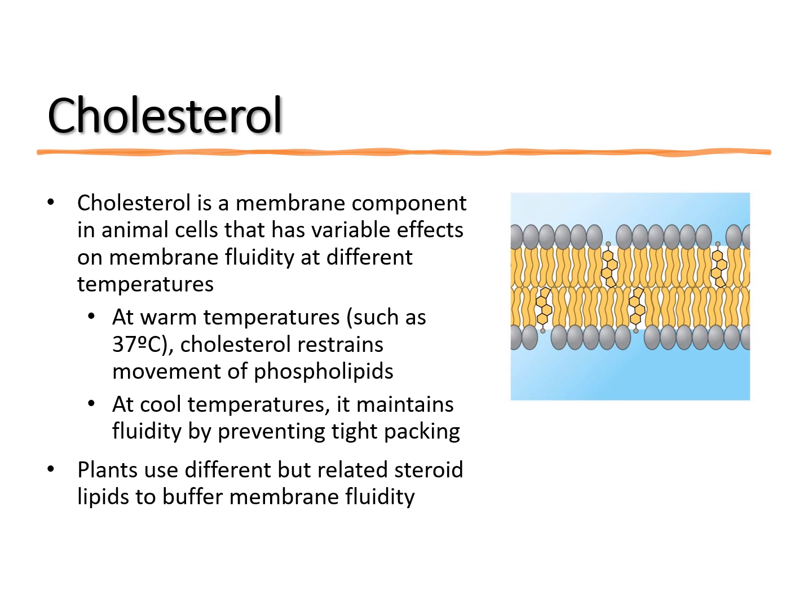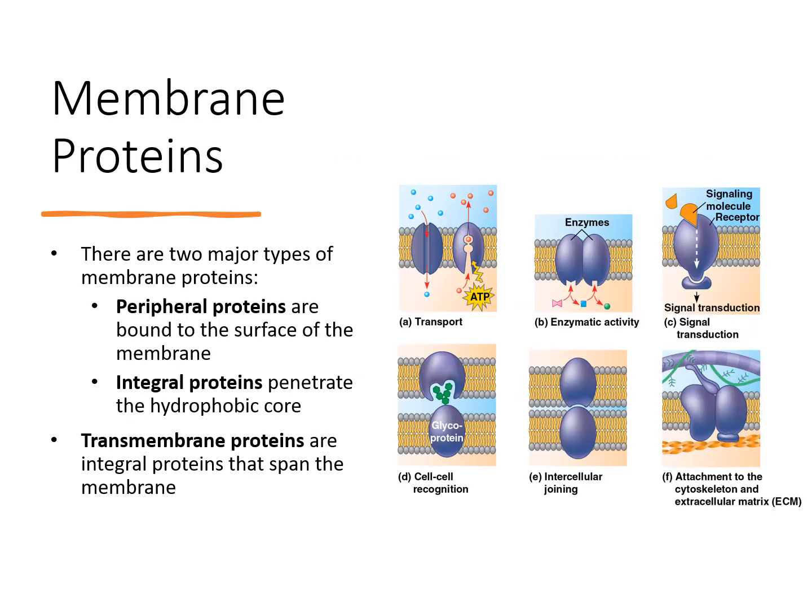But then as temperature cools, it maintains fluidity, so it prevents them from packing together too tightly. So the idea here is that it keeps the membrane fluid whether the temperature is high or low. Plants have something that's very similar, but it's a different type of steroid, but it's used in a similar way to buffer membrane fluidity.